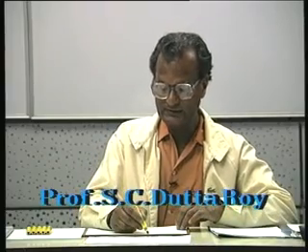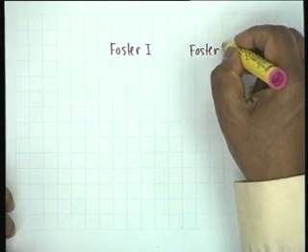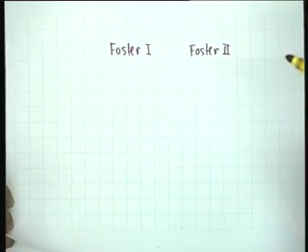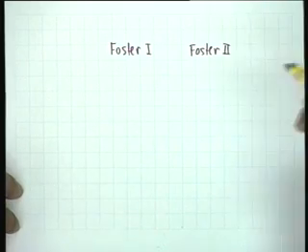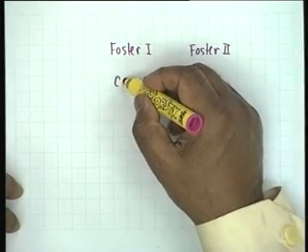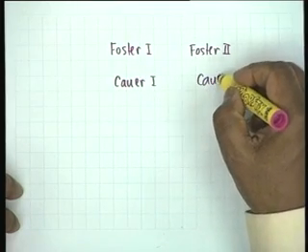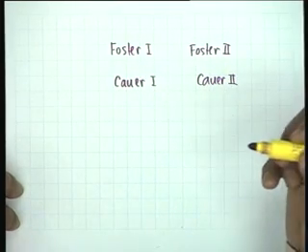You remember last time we talked about Foster 1 and Foster 2, the two forms. Foster 1 was a series connection, whereas Foster 2 was a parallel connection of impedances. And then we said there are two other canonic forms, Cauer 1 and Cauer 2.